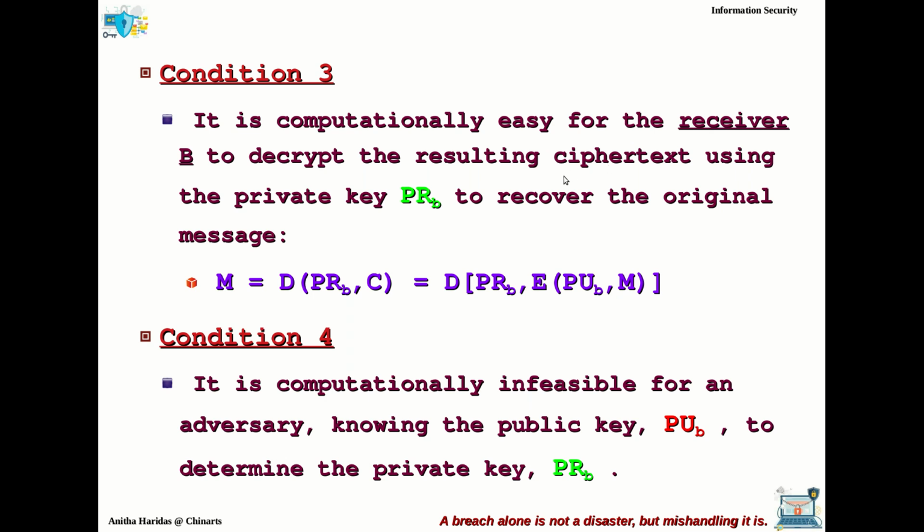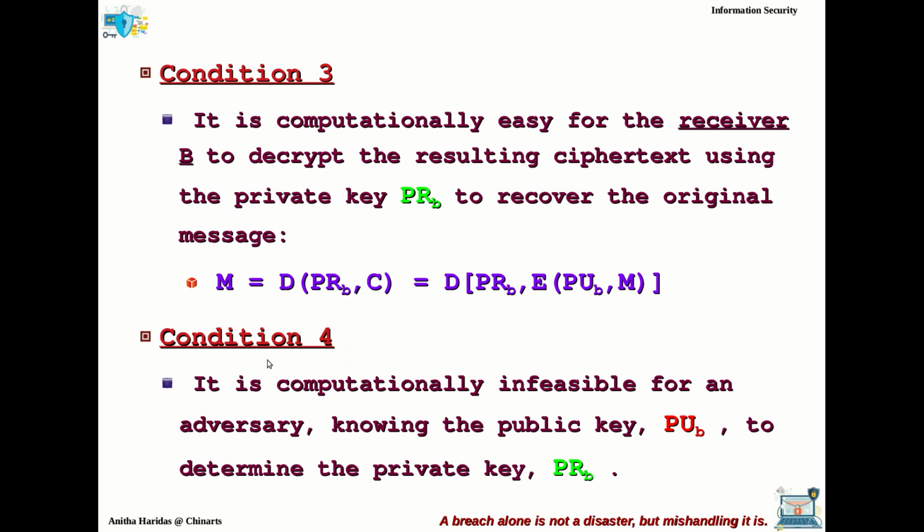So this ciphertext must be decrypted easily with the private key to recover the original message. So decryption with the private key and the ciphertext will be generating the original message. This process should also be computationally easy. That is the third condition.